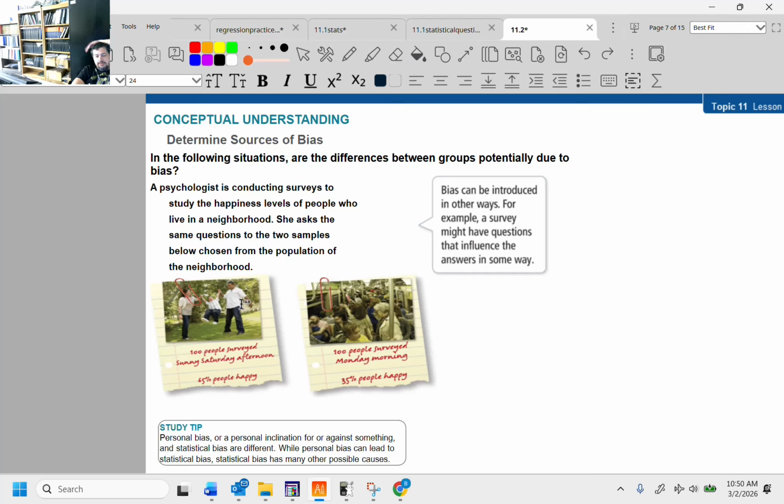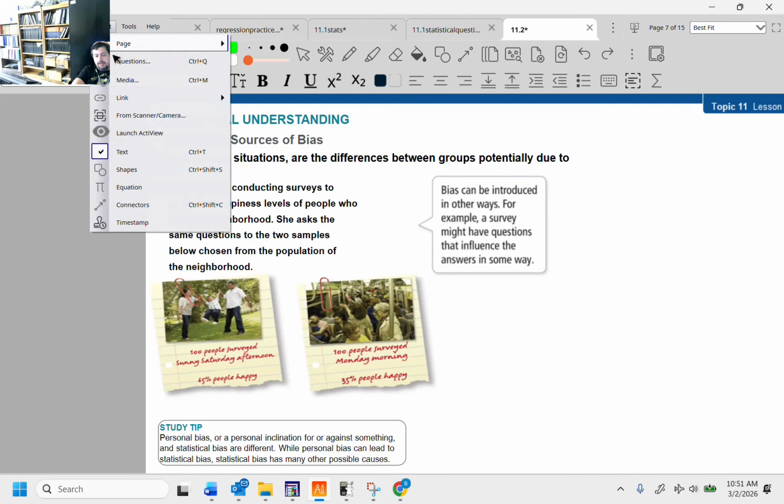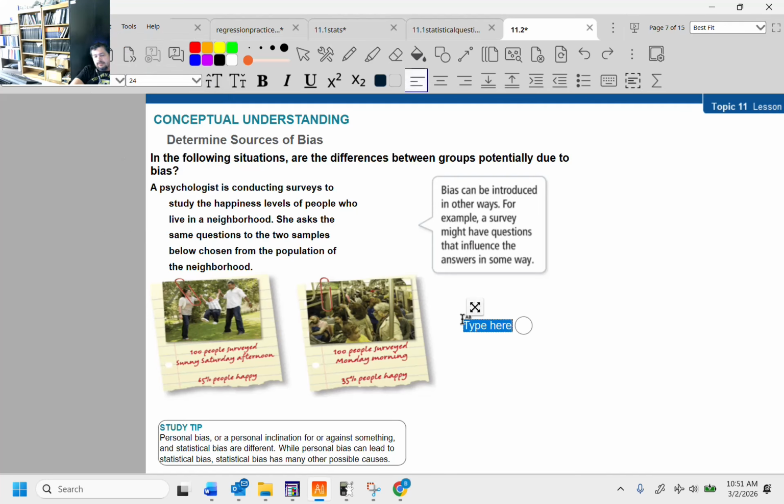Here we have some people outside playing with their kid. There are 100 people surveyed on a sunny Saturday afternoon, and 65% were happy, versus 100 people surveyed Monday morning, and only 35% of people are happy. Is there bias? Yes.